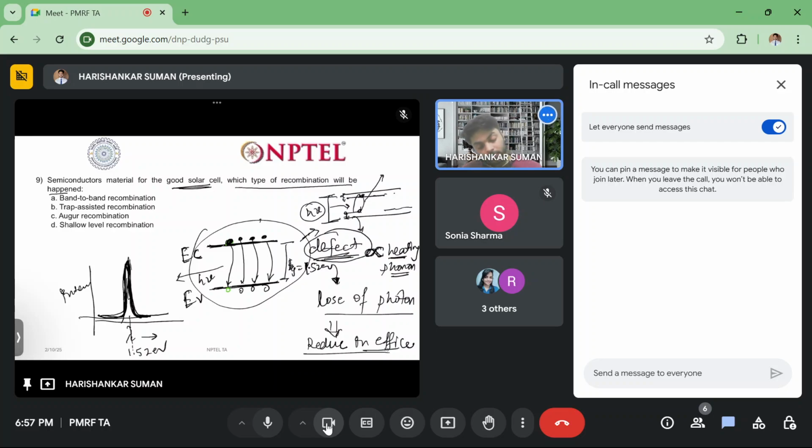So you have to make the material defect free. Band to band recombination will happen if your material is good. If defects are there, then electron and hole recombine via the shallow trap or the trap RG center. In between is the RG center. This corresponds to the shallow trap.